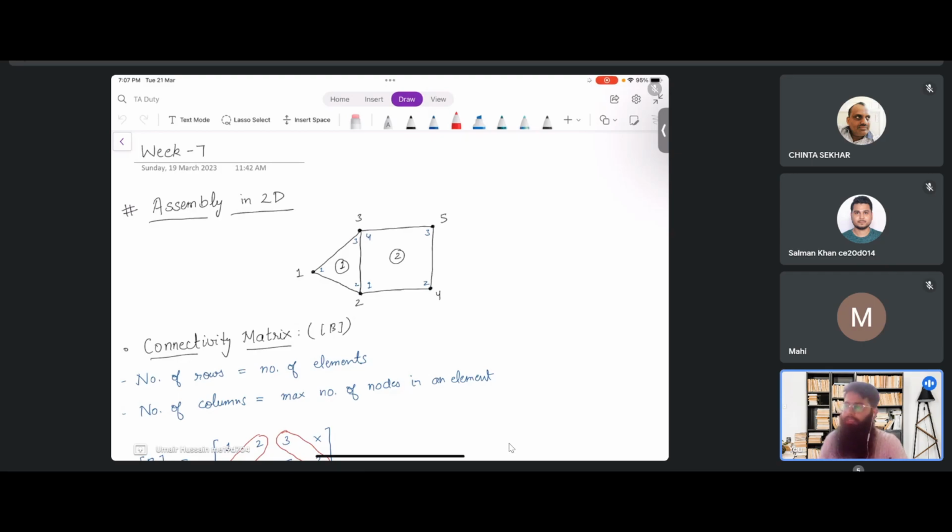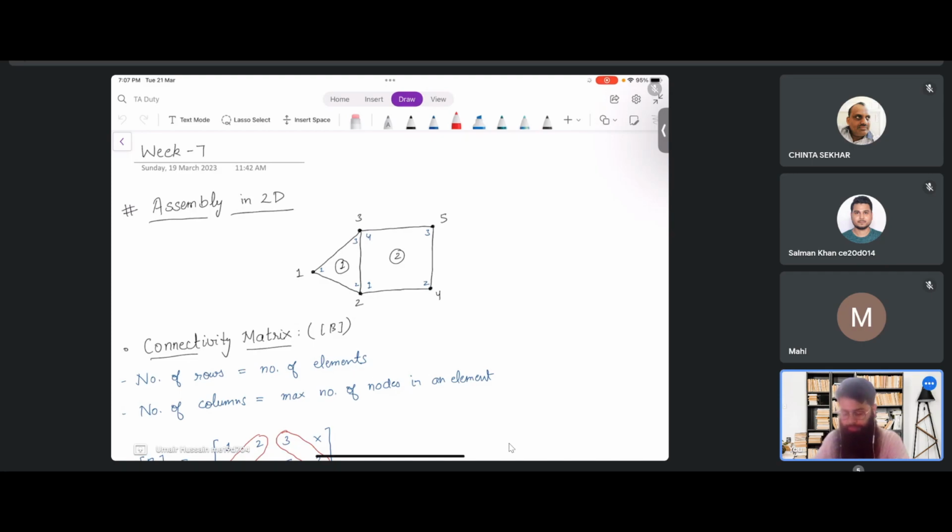And then we studied how to formulate basic element level equations, and how to find the element level stiffness matrix and force vector. So, continuing that discussion, in week 7, we started with the assembly of the element level equations to finally get to the global matrices and vectors.